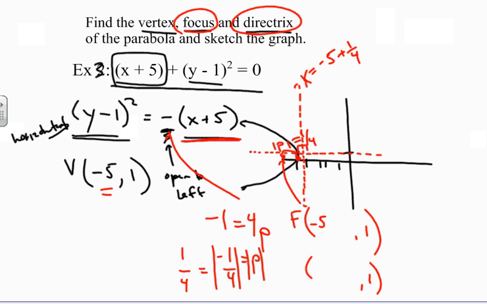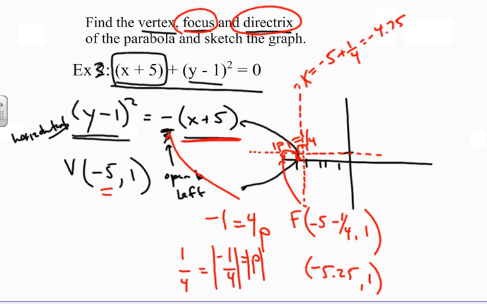Oh, brother. We're actually going to subtract 1/4 because we're on the left. So it's going to equal -5.25. And the focus is actually going to equal -4.75. And we have that for our vertical directrix.